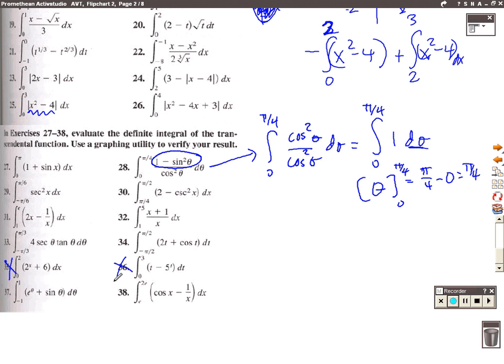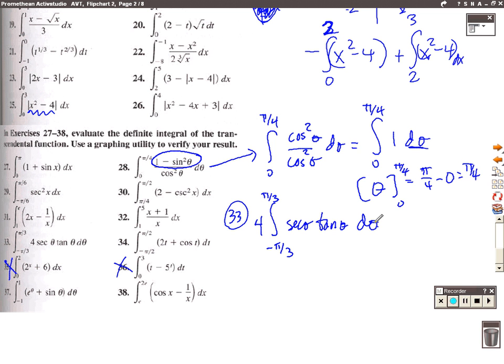So let's do number 33. Number 33, I'm going to pull the 4 out front and make what I need to see a little bit more recognizable. And I have secant theta tangent theta d theta. And this is where I'm going to ask myself, who has a derivative of secant theta tangent theta?